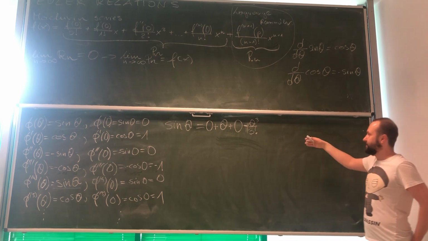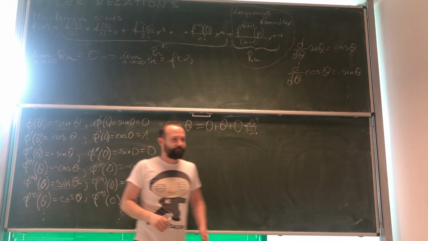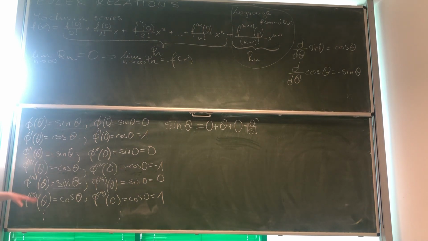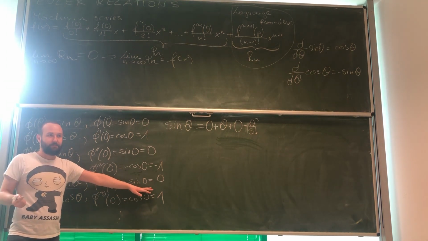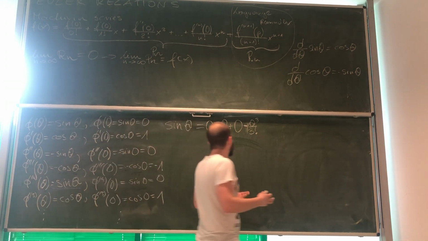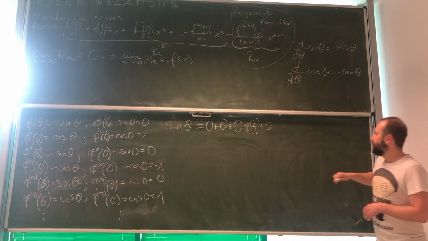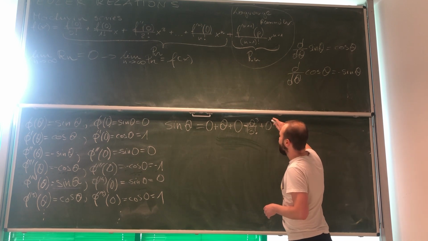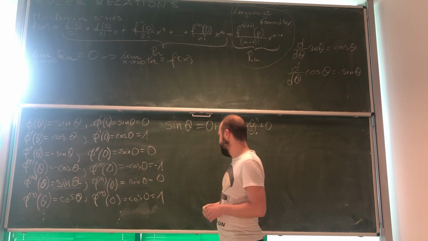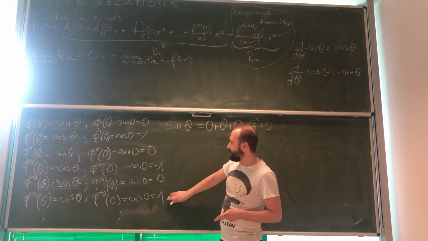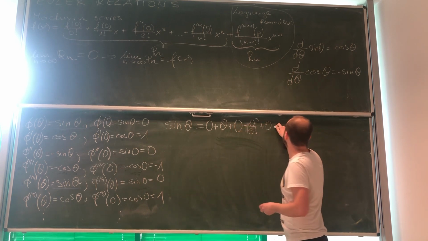Okay, what would happen next? Well, next we would expect, of course, to go back to sine, right? So again, this element will be equal to just 0. But then we would go to the fifth element in the series. This time, because it's positive, it's going to be with plus.